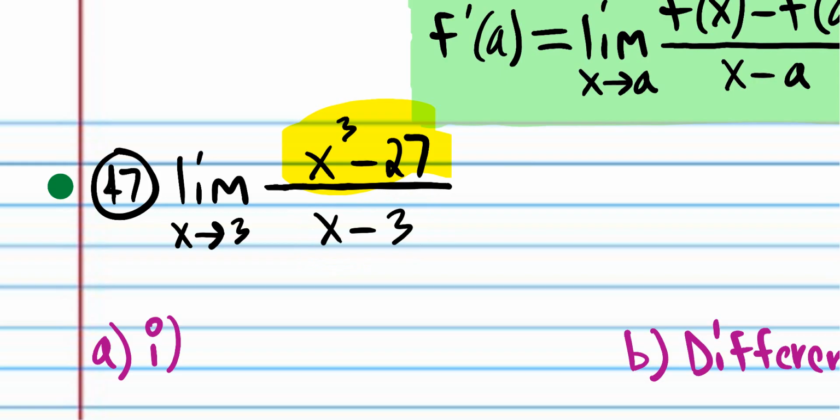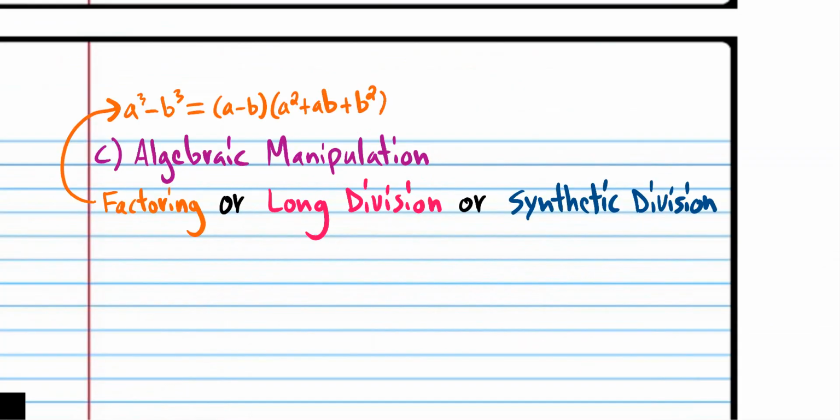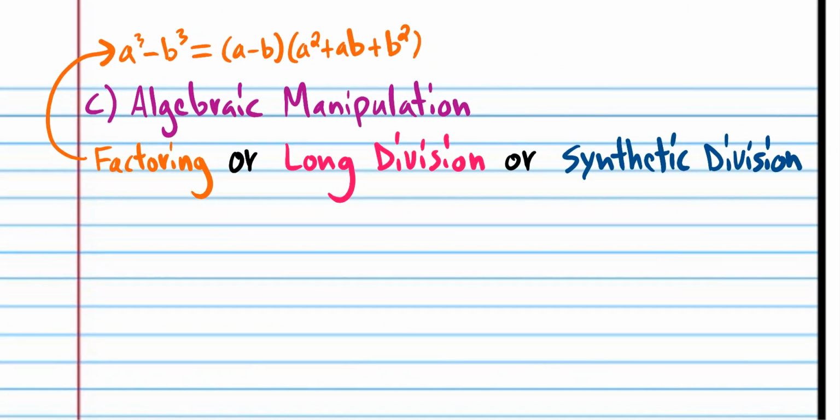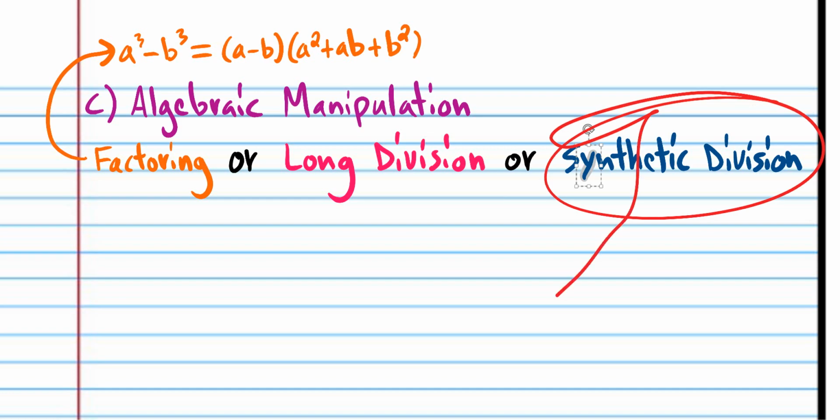And it may have been a while since you saw long division. So if you don't remember how to do it, then obviously use factoring. You can also use synthetic division, which is a faster version of long division.